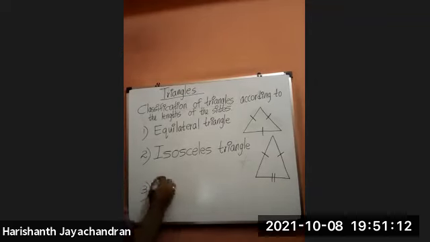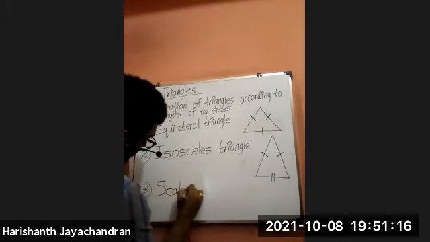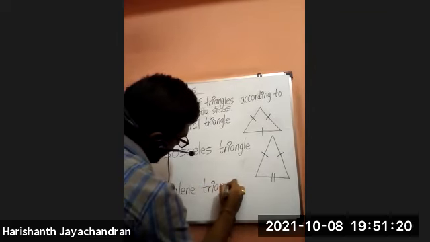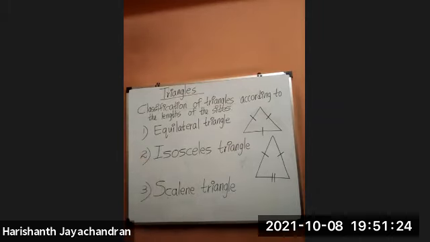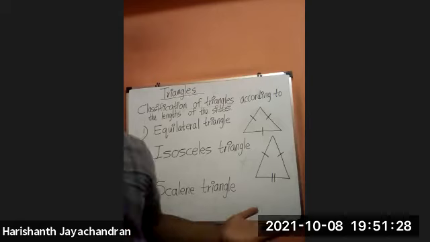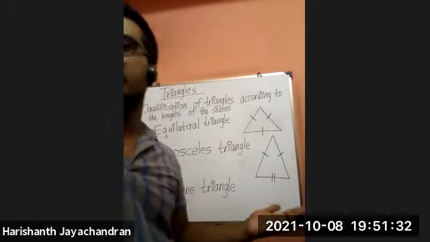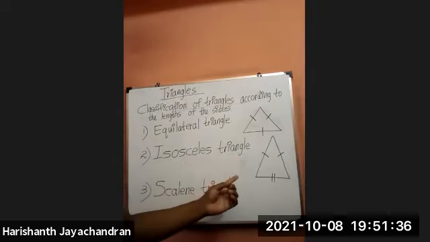Third one is the scalene triangle. Scalene means, as I said, all three sides are not equal, guys. So if all three sides are not equal, can we mention the same symbol on all three sides?